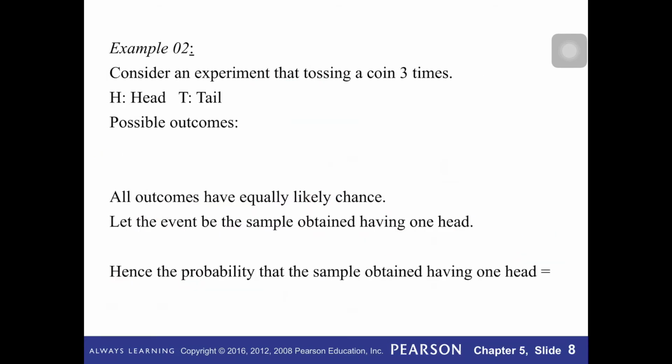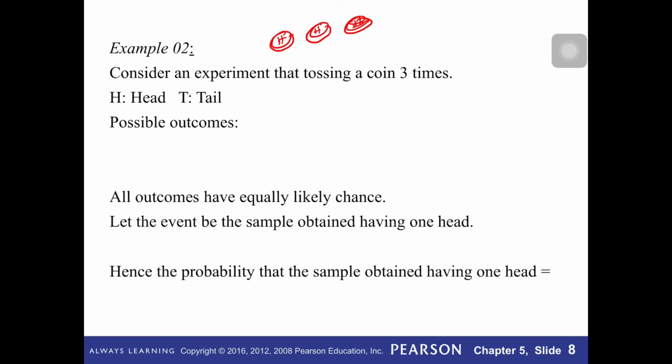Okay, let's check this example 2. Consider an experiment that tossing a coin 3 times. Okay, this coin I am going to flip 3 times. So what are the possible outcomes? Head, oh sorry, this is going to be head.